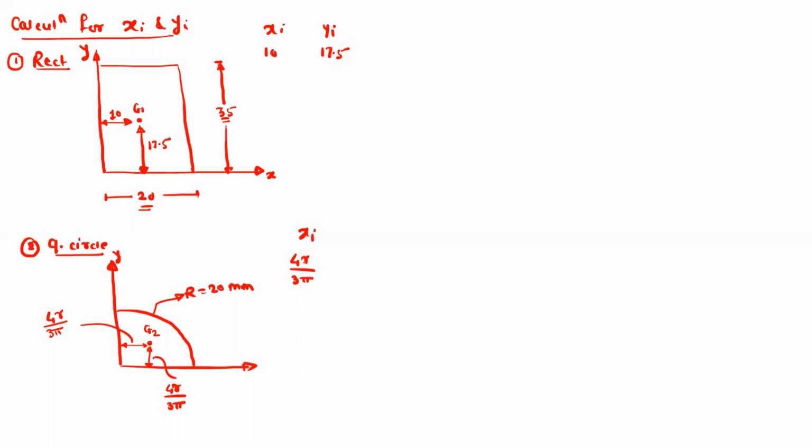Put the value of r, that is 20 mm, so this will be 4 into 20 divided by 3 pi. This is the x coordinate. And y coordinate is also 4r upon 3 pi, so this is 4 into 20 divided by 3 pi. Simplify this and get the answer. This is the x and y coordinate for the quarter circle.